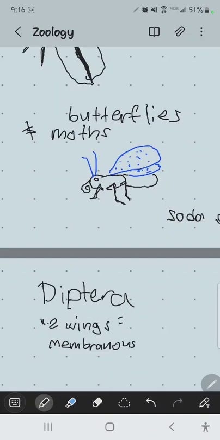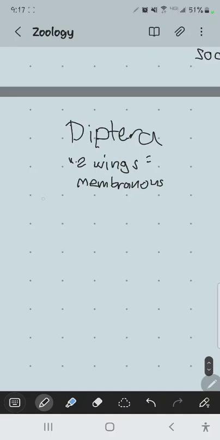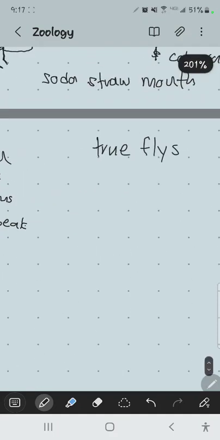The other feature I would say on these is that the antennae are variable, but the mouth parts are variable also. But the mouth parts are never mandibles. They have either a spongy or beak mouth, depending on the kind of fly.